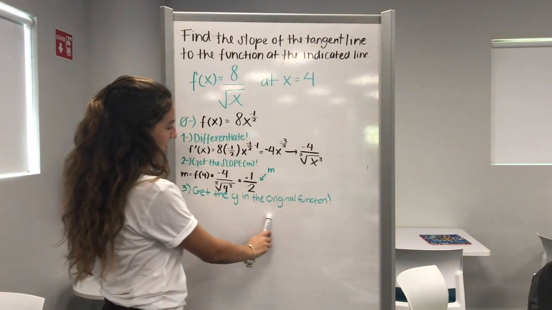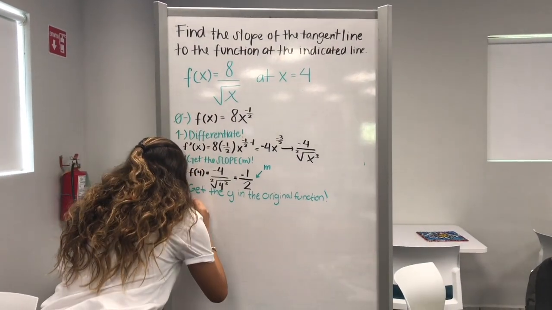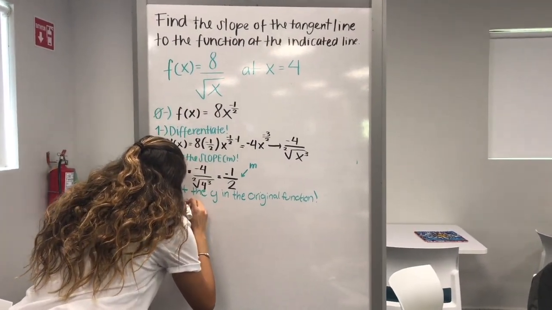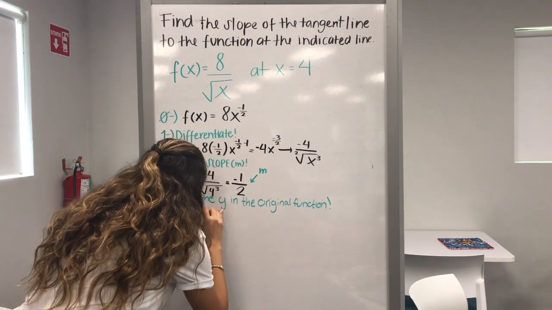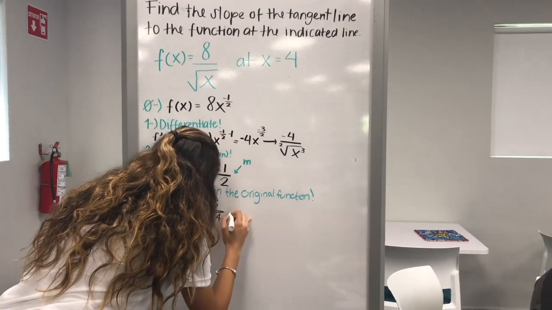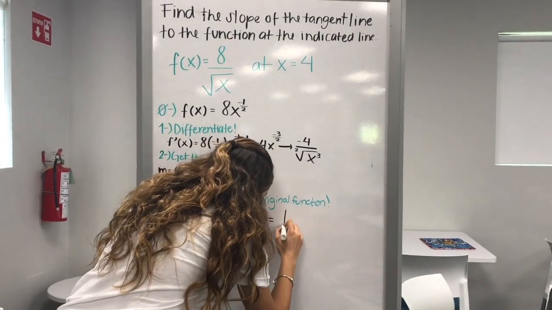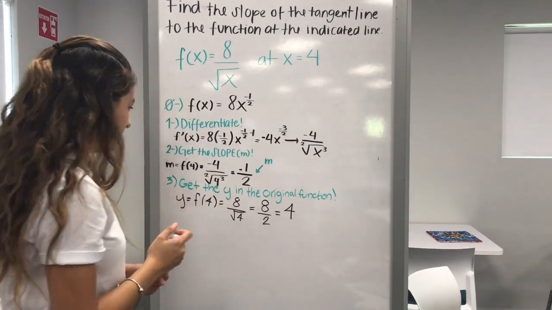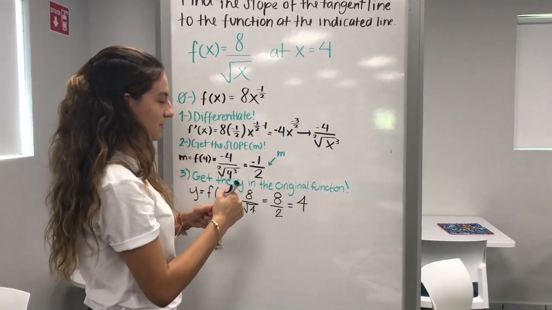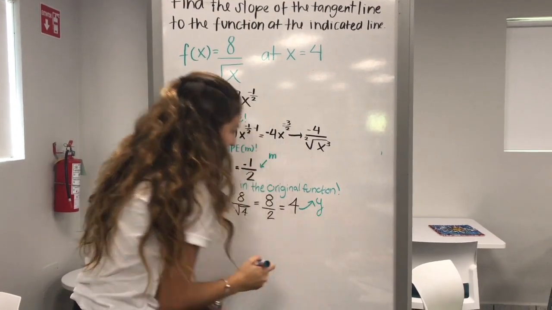The next step is to get the y by substituting the x on the original function. Then we get that y equals 4.